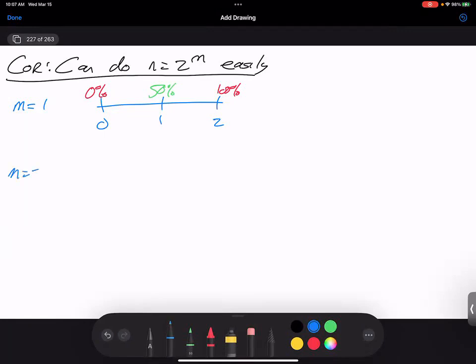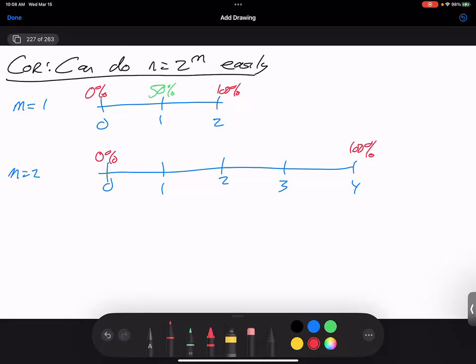When M equals 2, now we have 0, 1, 2, 3, 4. This will be 0%, 100%. And then if we start off at 2, if we want to know the probability we get to 0 before we get to 4, what would we do?